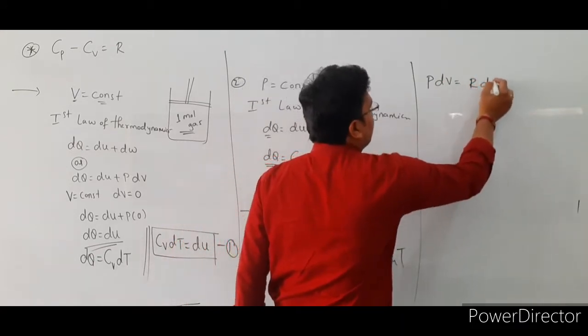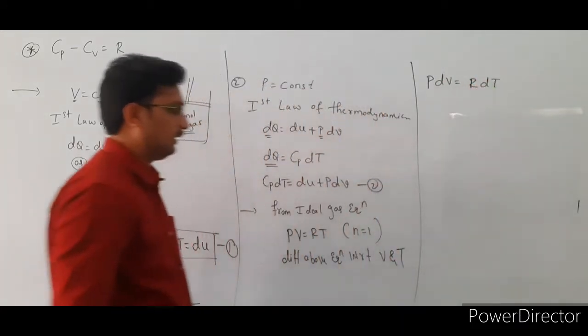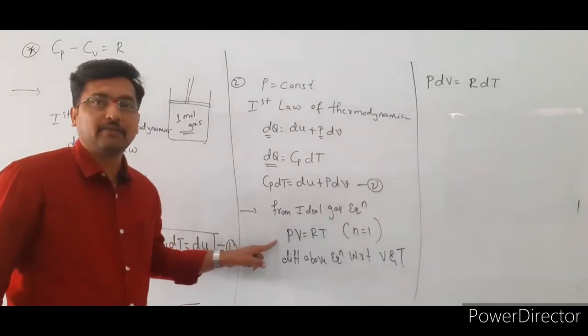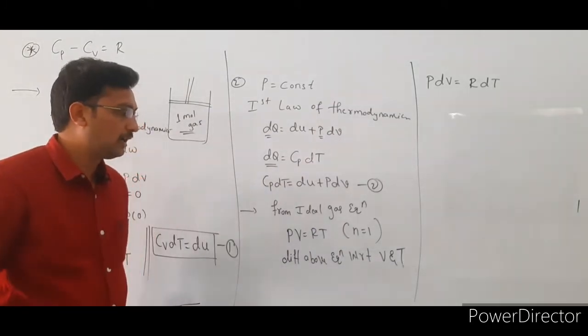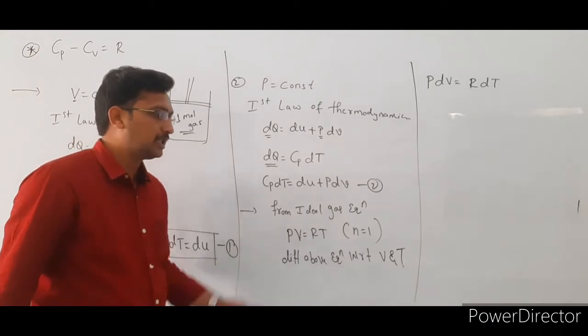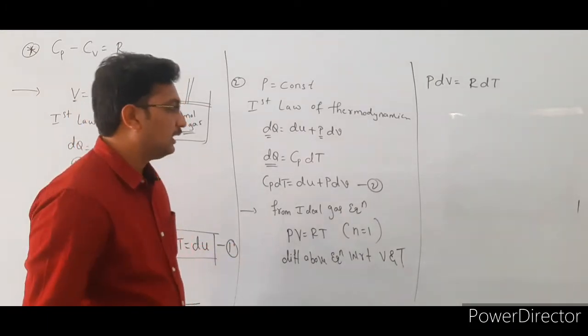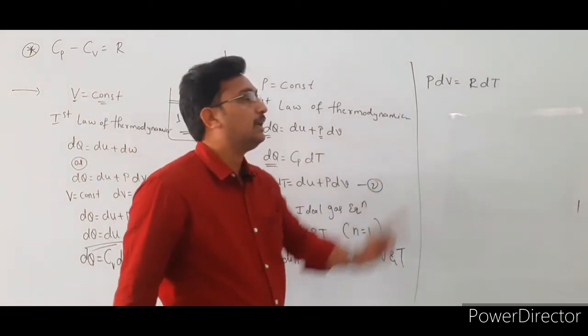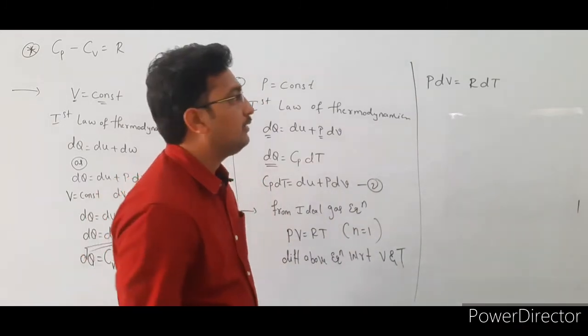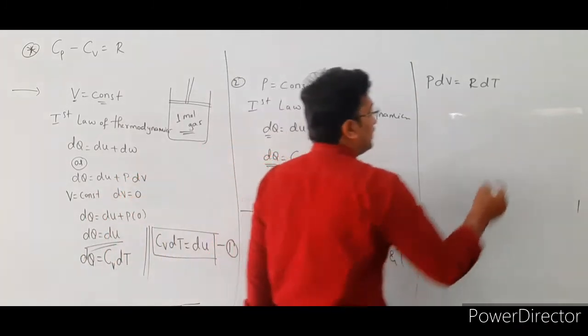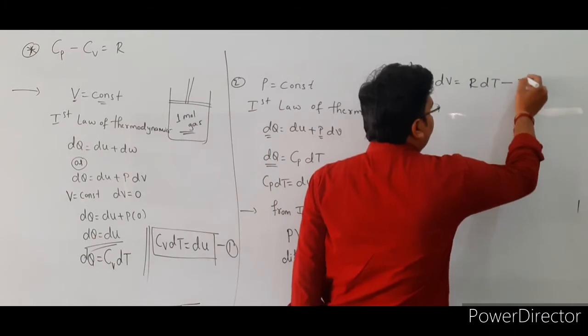So from the ideal gas equation, PV is equal to RT, differentiating with respect to volume and temperature, the equation becomes P dV is equal to R dT. So this is our equation number 3.